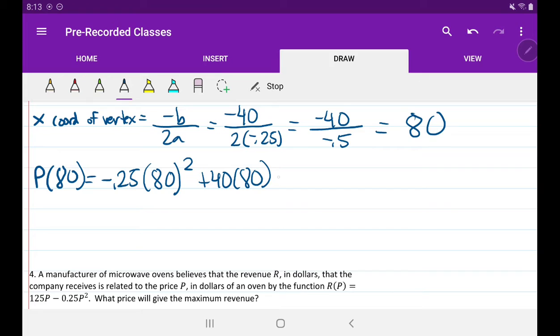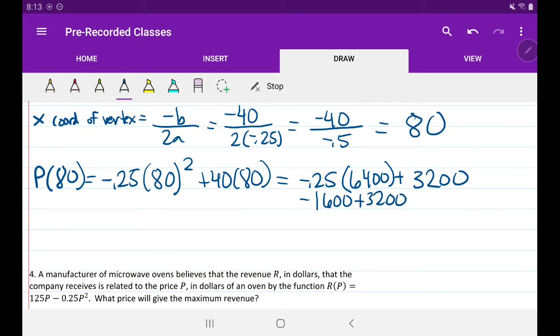So this is going to turn into negative 0.25 times 6,400 plus 3,200, so we'll have negative 1,600 plus 3,200 is going to be 1,600, okay?